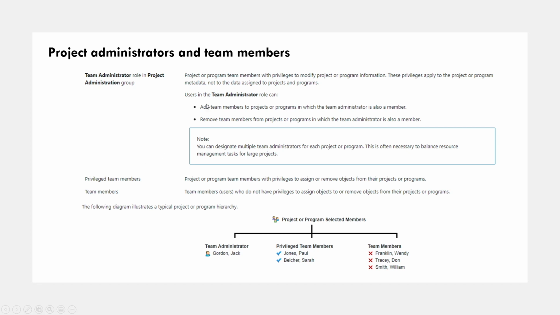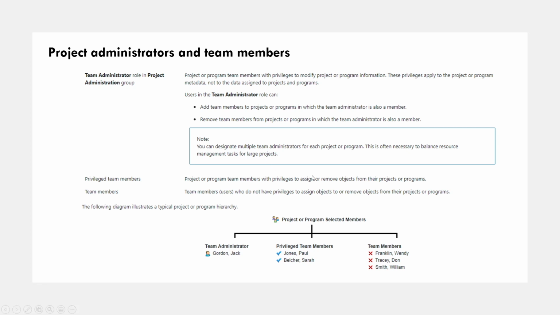Privileged team members can assign or remove data to the projects. Team members don't have access to assign or remove objects, but they can still view the objects within the project. So that is the basic difference between these three roles.